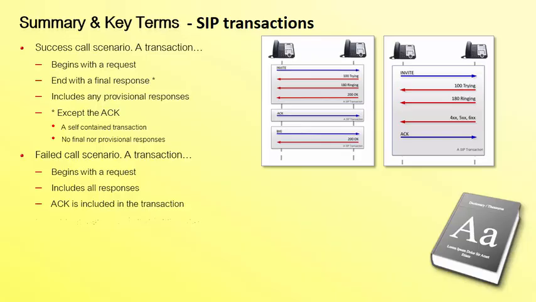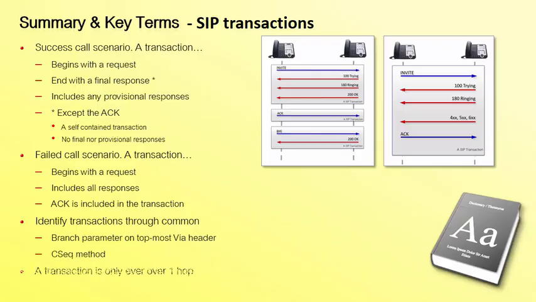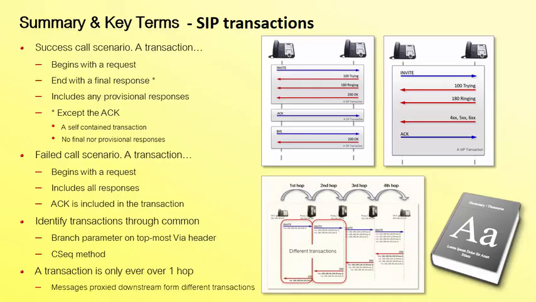When reading logs, we can identify the messages in a transaction through a common branch parameter on the topmost Via header and the CSeq method. Remember, a transaction is only ever over one hop. Messages proxied downstream, although part of the same call, form different transactions.